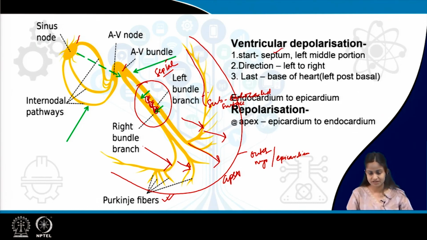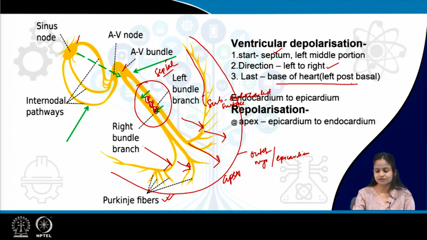The middle part of the septum, left side and the portion is middle. So, the left middle portion of the septum will get depolarized first. Direction is left to right, and the last portion of the heart to get depolarized is the base of the heart, that is the left posterobasal region, and the ventricular depolarization is from endocardium to epicardium.